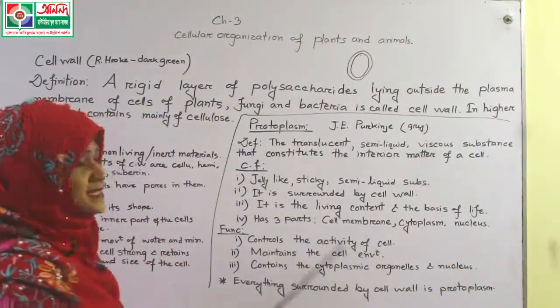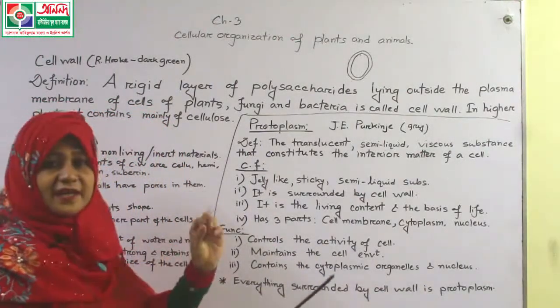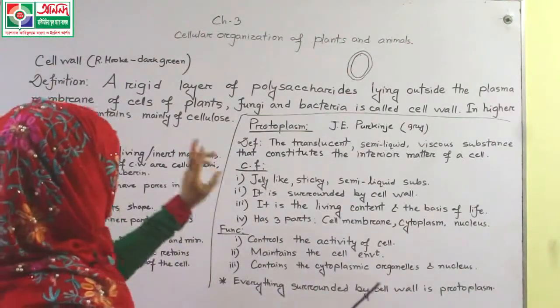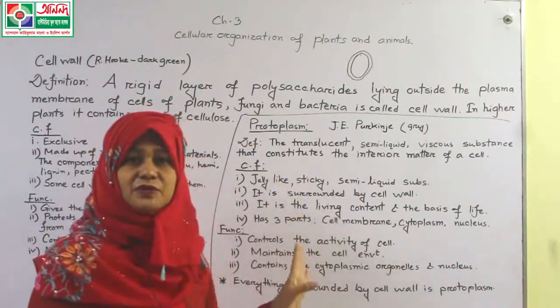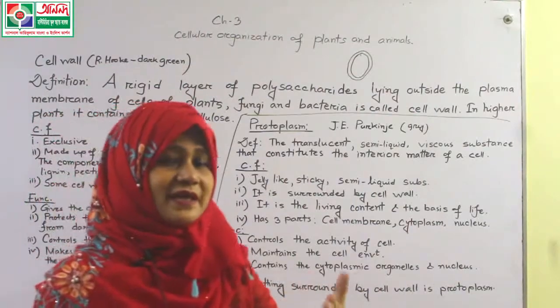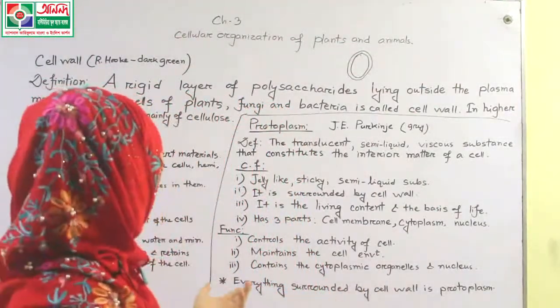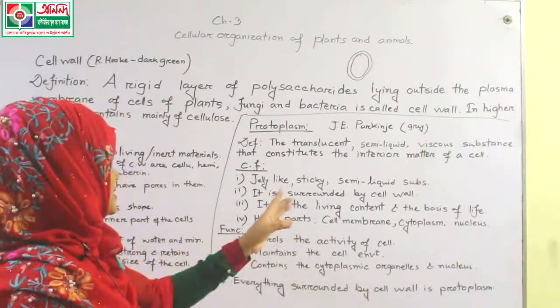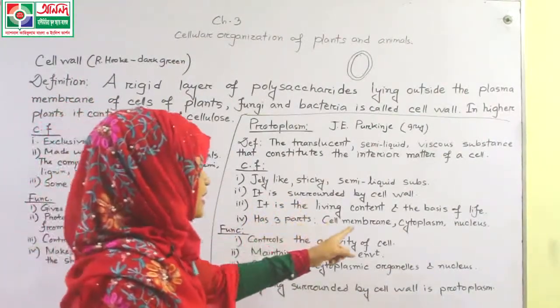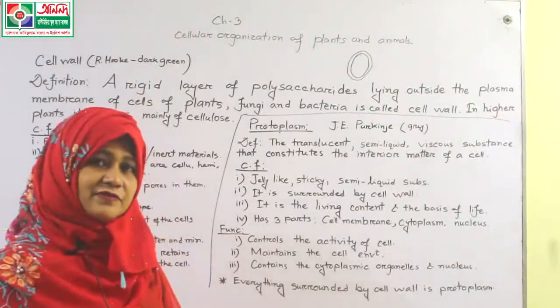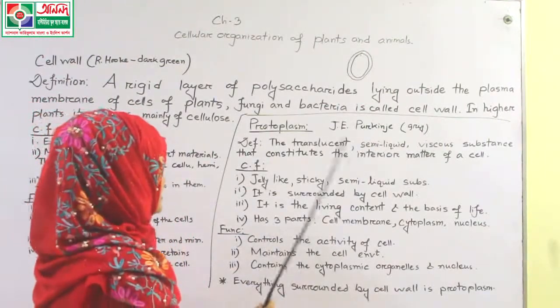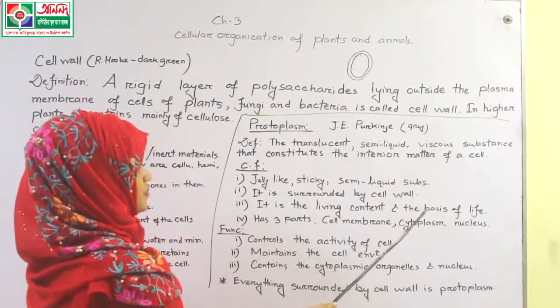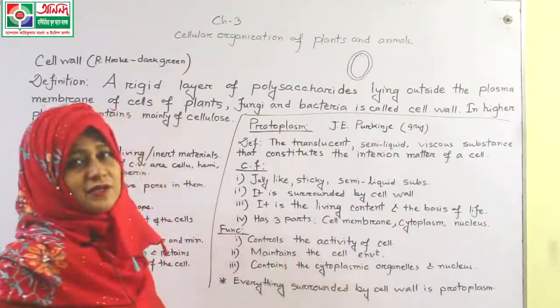Characteristic features: it is jelly-like, sticky, semi-liquid structure. Semi-liquid means neither completely liquid nor completely solid. It is surrounded by the cell wall, you know this, protoplasm is surrounded by the cell wall. It is the living content and the basis of life. It has 3 parts: cell membrane, cytoplasm and nucleus.